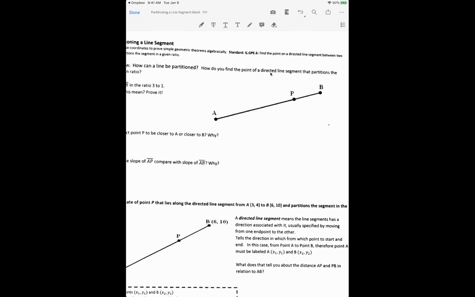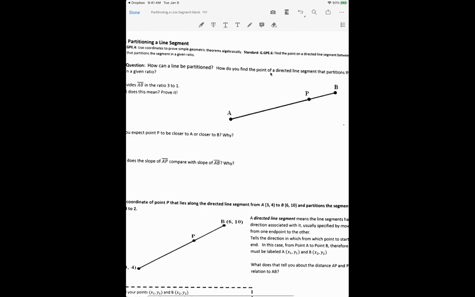So what this means is that the distance from A to P is going to be 3 times the distance from P to B. And how you can prove that is if you were to actually measure this with a ruler. This is about 2.25 inches, and this is about 0.75 inches.